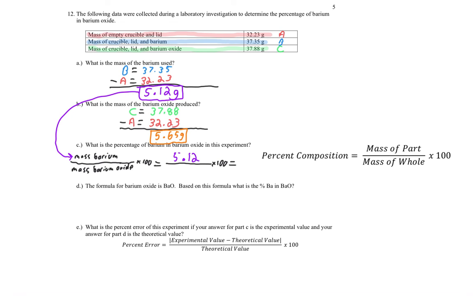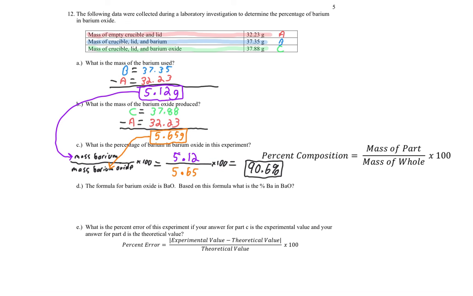So that's what goes on top. The 5.65 grams is the mass of barium oxide that was produced. Barium oxide is the whole thing. That is going on the bottom. So I end up with 90.6% of this substance is barium. 5.12 over 5.65 times 100 gives me a percent.